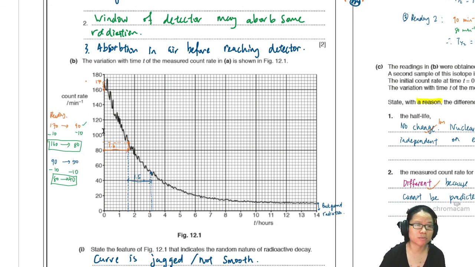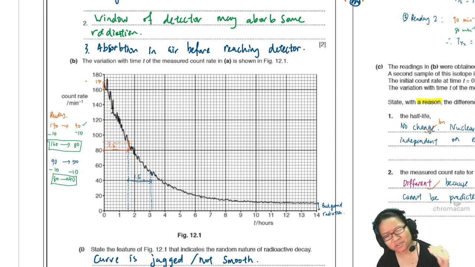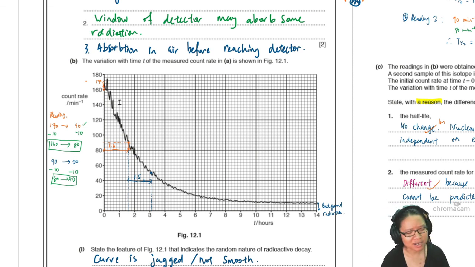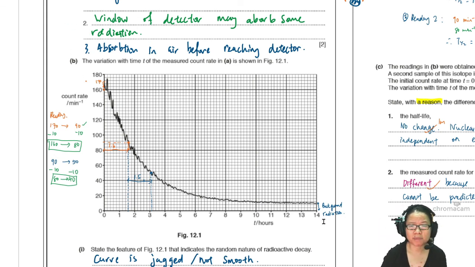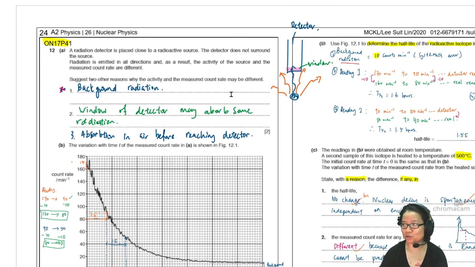And because it's random, we have a very, very low chance to get back the exact same reading at that exact same time. And then number 2, there's background radiation. So 2.5 boxes, have to remember to minus. So it's just asking you whether you know what causes the fluctuation, what is random, what is spontaneous, and how to estimate half-life, especially when you have background radiation. Okay, so that's it for the question.